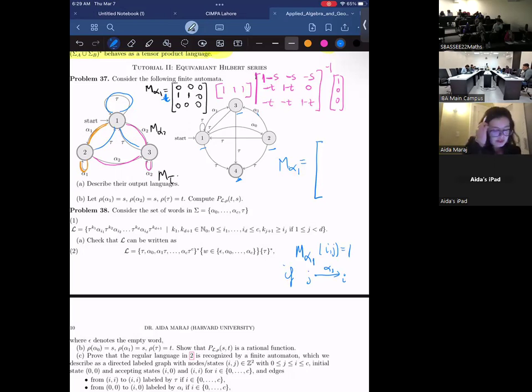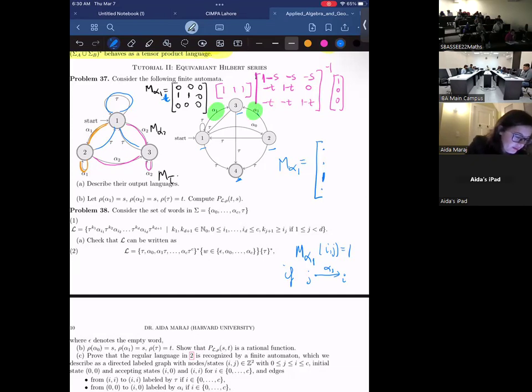So in this case, what are the entries that are 1 for M alpha 1? It's going to be 3, 2 or 3, 1. The entry is ij, from j to i, so kind of flipped. So we have this from 1 to 3 and from 2 to 3. From 1 to 3, that means entry 3, 1. So this one will be 1.